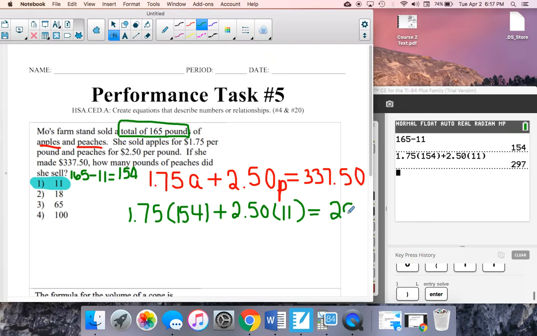So it's very clear that she could not have bought 154 apples and 11 peaches, because then she would have paid $297. She only paid $337.50. You're going to go ahead and test the other 3 answer choices the same exact way. Please show your work in order to get credit.